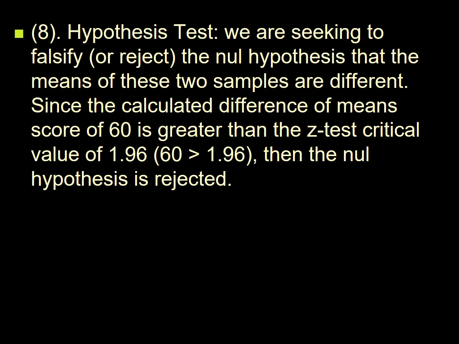So in step 8, we have the hypothesis test. Now, we are seeking to falsify or reject the null hypothesis that the means of these two samples are different. Since the calculated difference of means score of 60, which we calculated earlier, is greater than the z-test critical value of 1.96, so 60 is greater than 1.96, then the null hypothesis, which is that there's no relationship, is rejected.